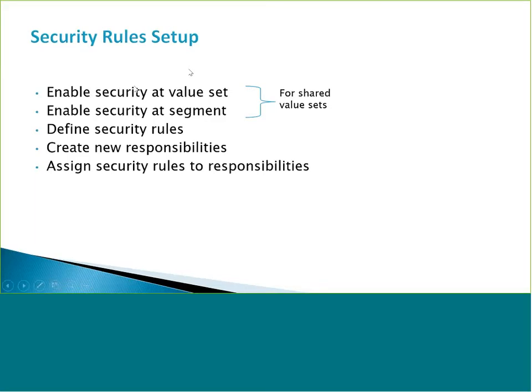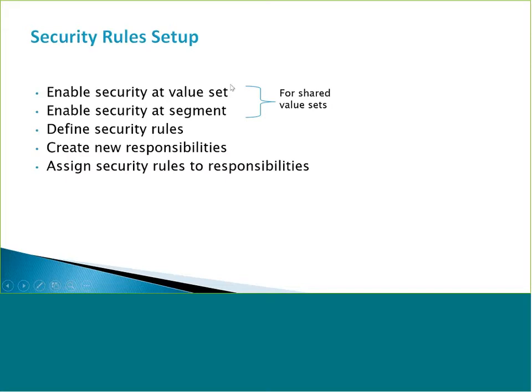So those value sets can be the same. So you want to enable security at the value set and then at the segment level, so that you can implement the security rules at the correct segment.